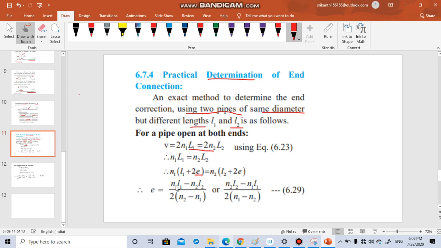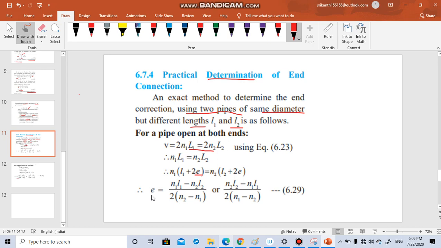So you get this formula: (N1 L1 minus N2 L2) by 2 into (N2 minus N1). L1 and L2 are the geometric lengths. N1 and N2 can be found out. Once N1 and N2 are found, you can use the equation and find out the end correction. Why is this end correction required?